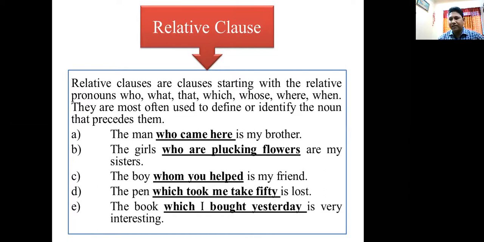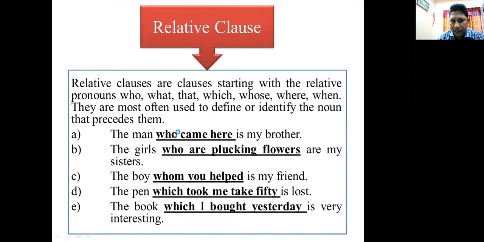Basically, relative clauses are adjective clauses. The relative clauses are synonymous with what? Adjective clause. So you see, every relative clause basically begins with WS word.